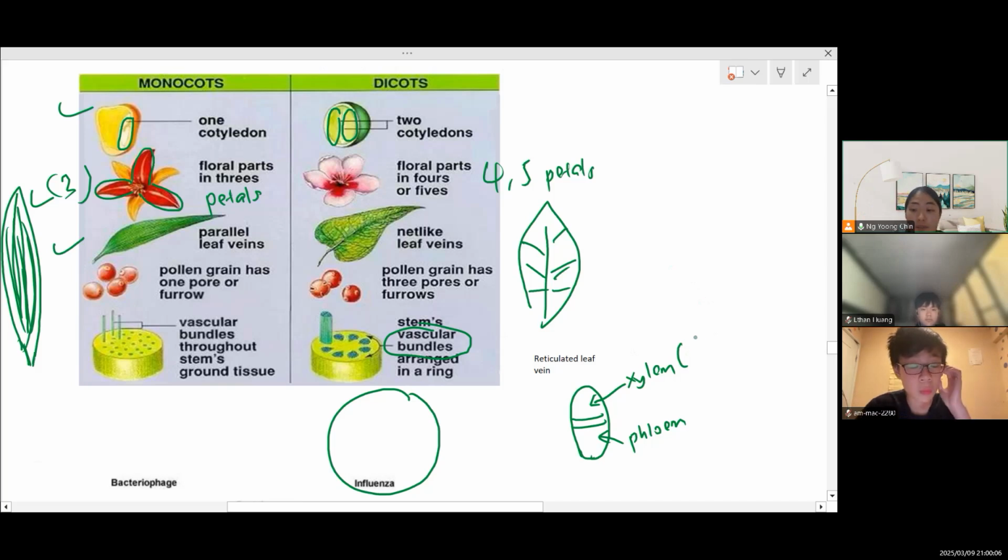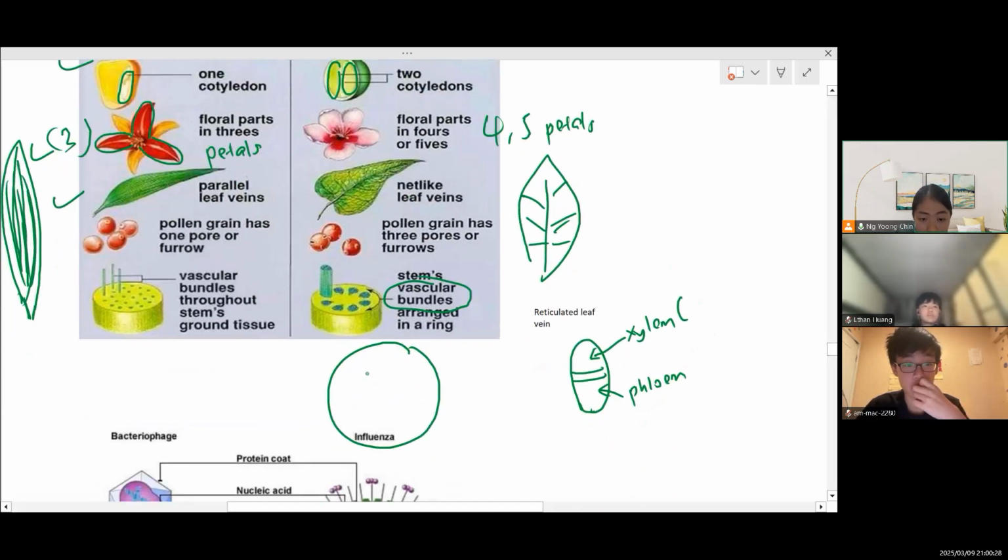Okay, xylem helps to transport water and mineral ions. That is the function of xylem. Xylem and phloem are both structures found in the plant. Okay, we will learn more about it. So I just want you to know, in the dicotyledons, the vascular bundles are arranged in this way. See? So they are looking like this.